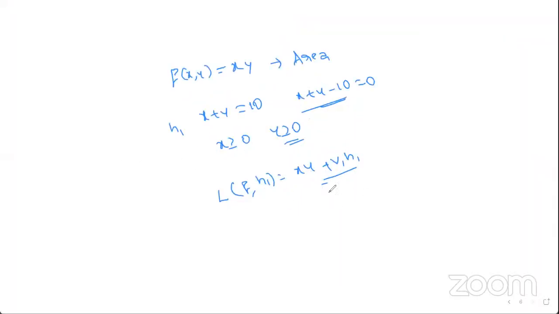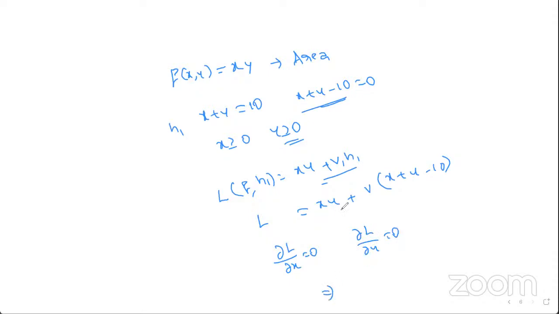So this will be xy plus v, and h1 is x plus y minus 10, right? We should have this gradient equals 0. So this is my L1, and its gradient should be equal to 0. We have dou L by dou x equal to 0 and dou L by dou y equal to 0.